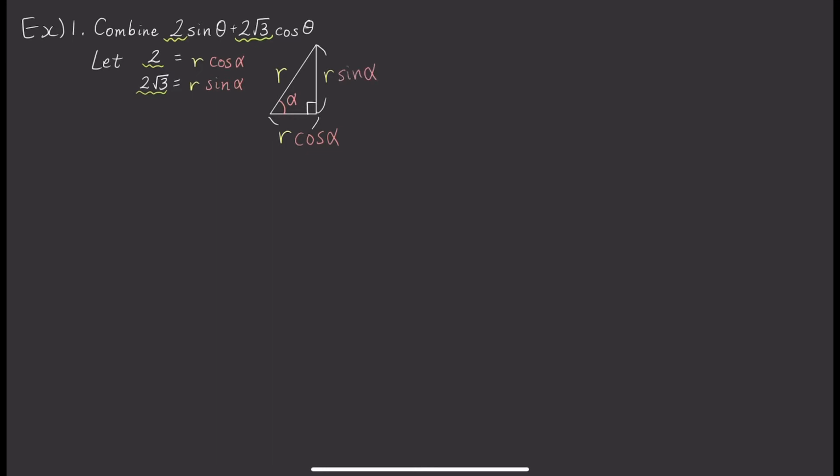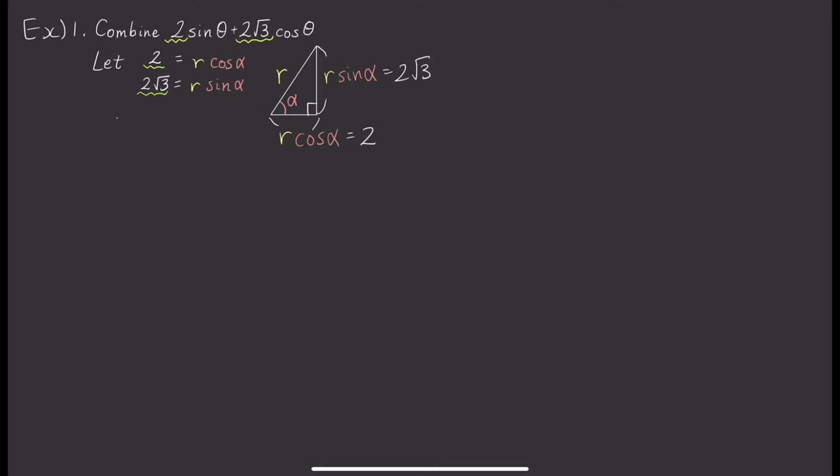But we know that r cosine alpha is 2 and r sine alpha is 2 times the square root of 3. Therefore, we can now use the Pythagorean theorem to find the value of r.